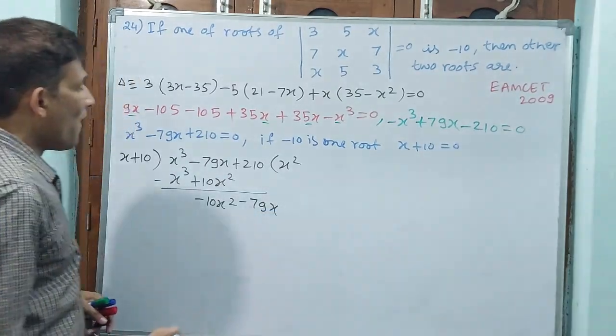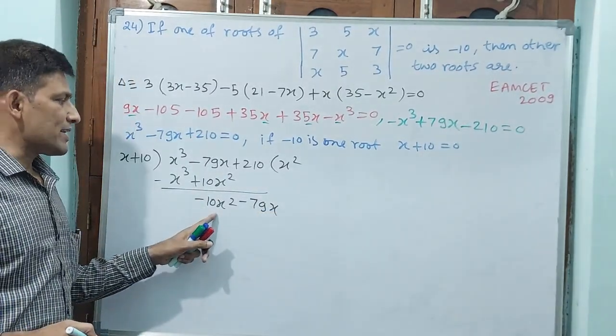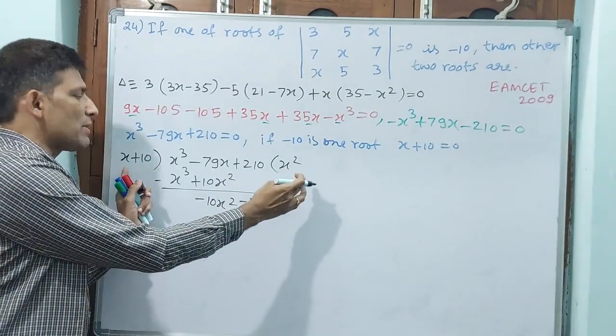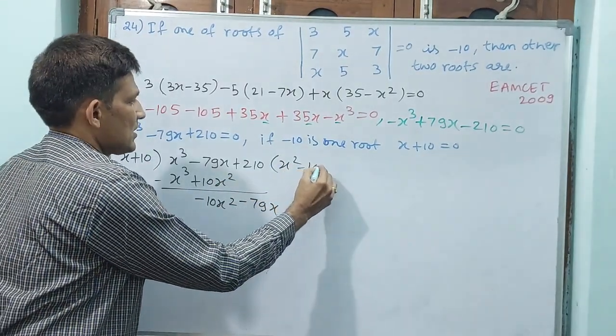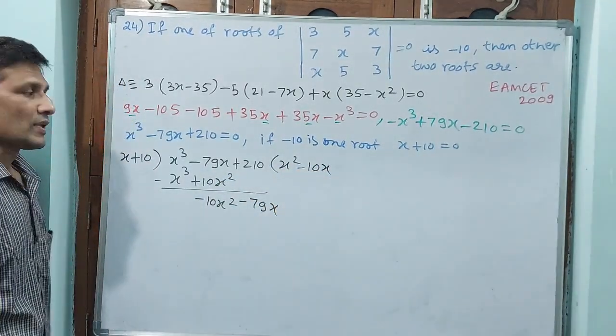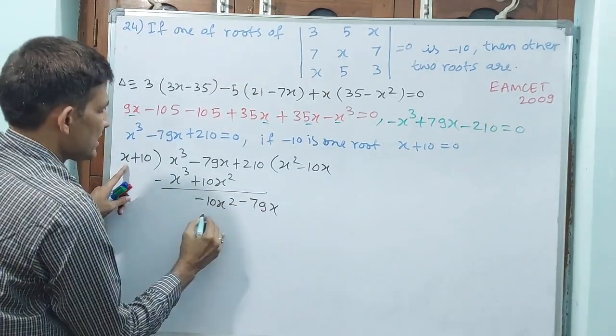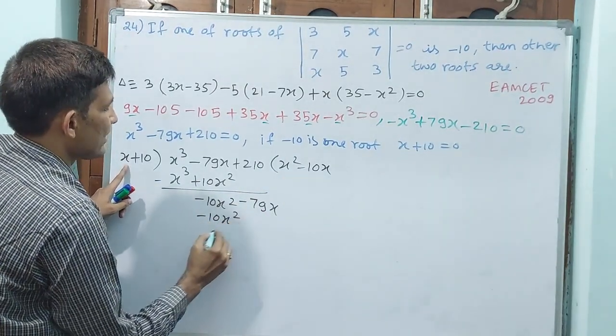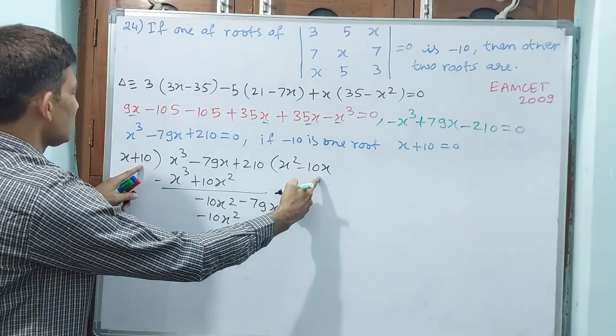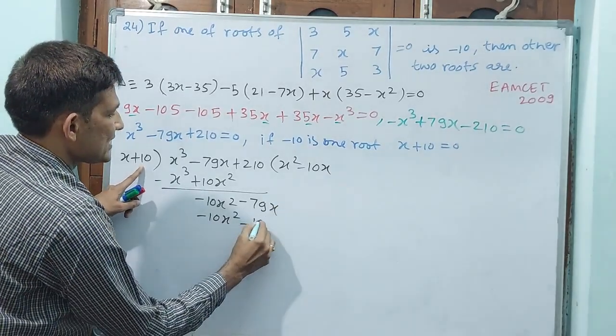Now you tell me, minus 10x square is there, so you have to multiply x with minus 10x: minus 10x square. Afterwards you have to multiply this also, minus 100x.